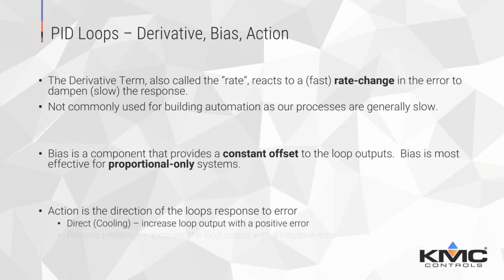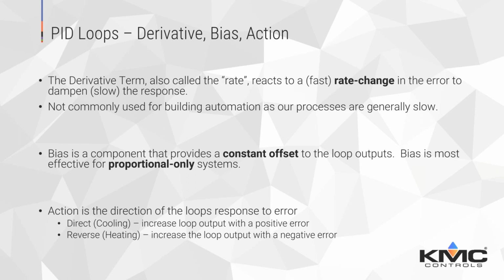So the last few terms to know when we're talking about PID loops would be a derivative. This is called rate in some systems. Derivative reacts to fast changing errors, and it really works to try to dampen or slow the response. Being that most processes in our building automation systems are generally pretty slow, we don't commonly see derivative used.